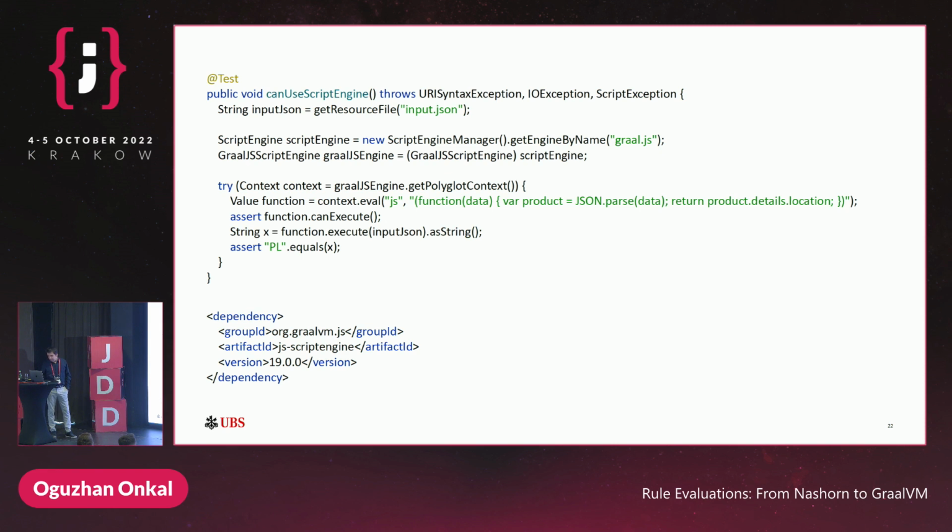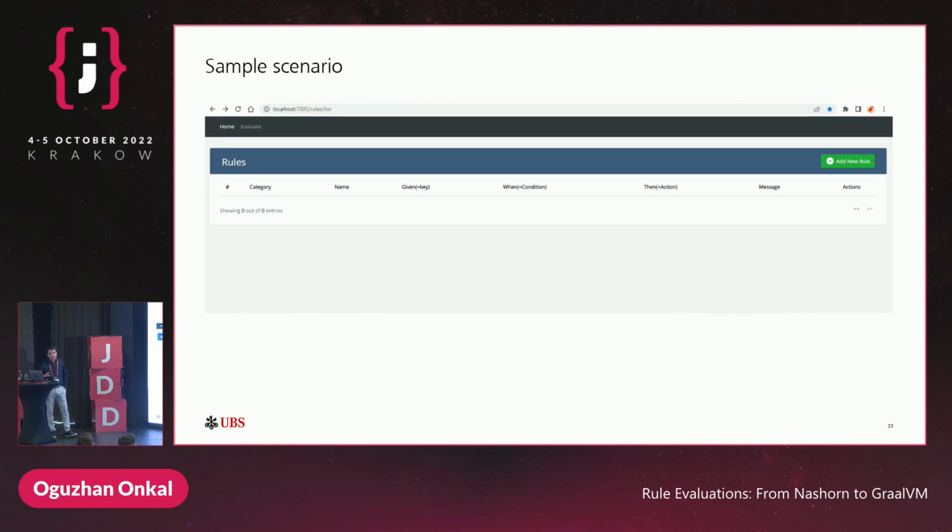All right, now let's look at some sample scenario. What we have passed so far to this JavaScript evaluator were very simple examples, but you can assume that they were actually some kind of a rule or basic versions of some rules.